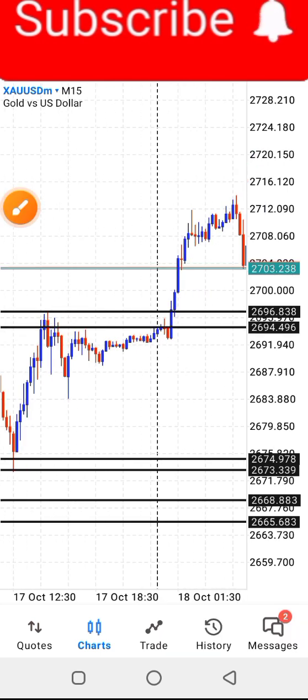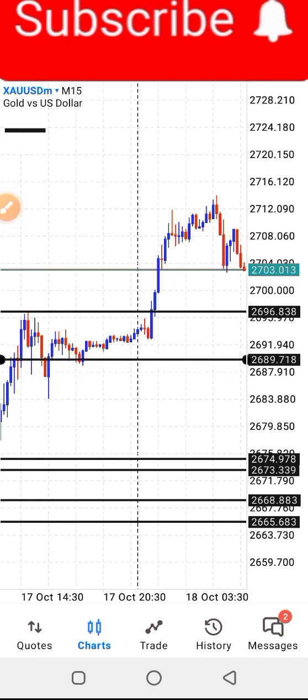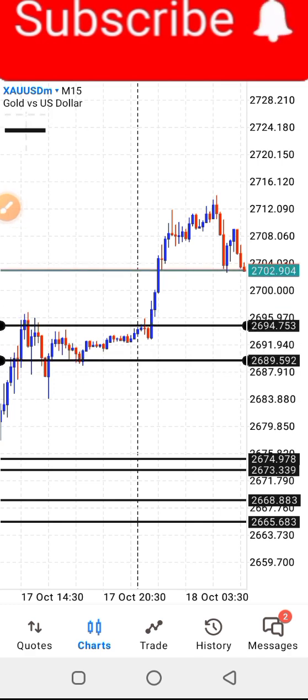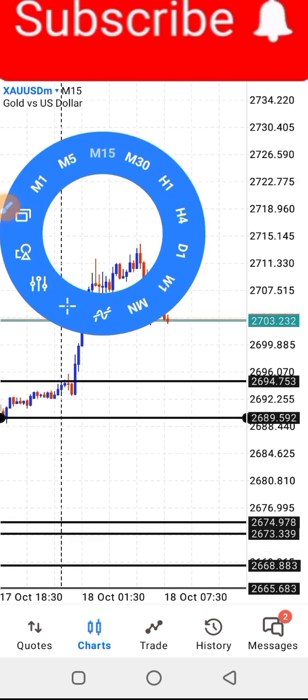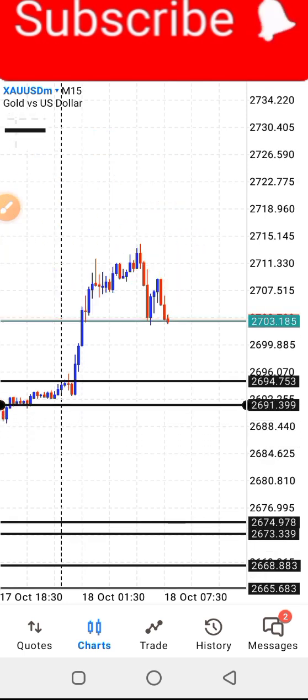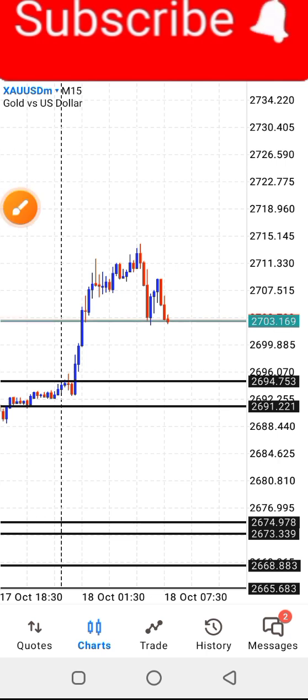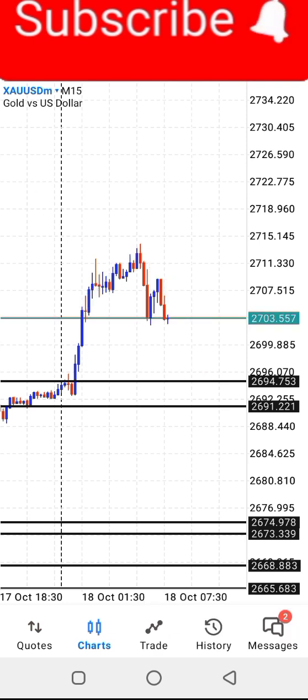So if we mark this region out like this, okay, and you can see what's going on here. I can refine my region to be from here to here. So you can see price is currently playing around and trying to come back to that region. So you can just wait and see what's going to happen.